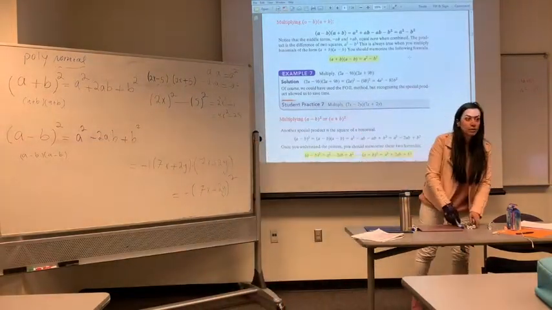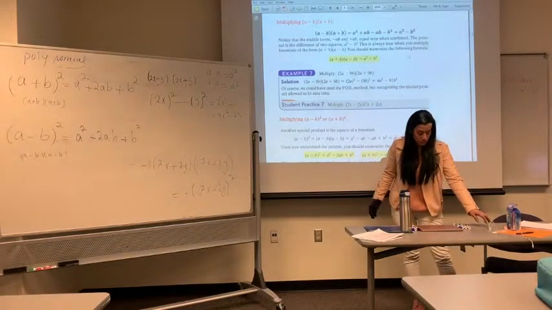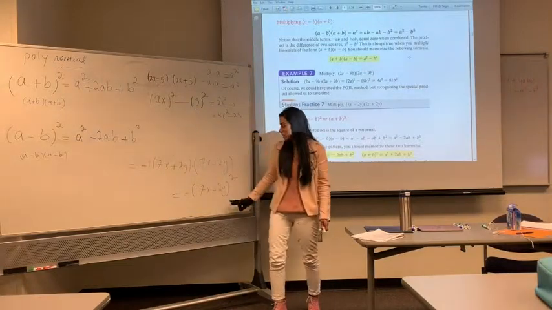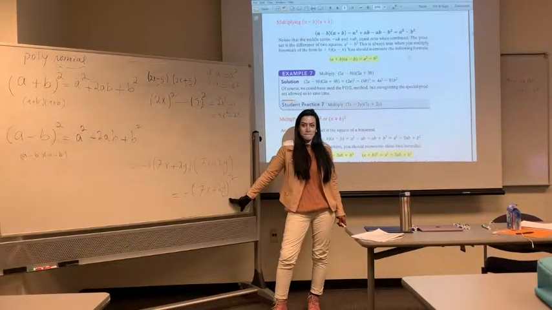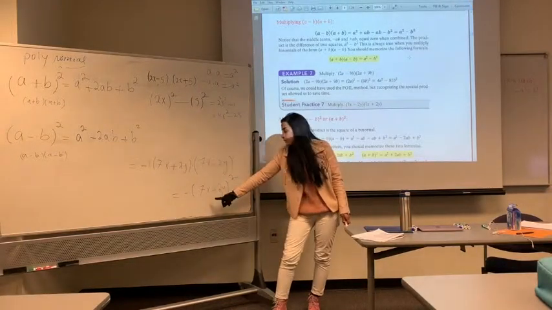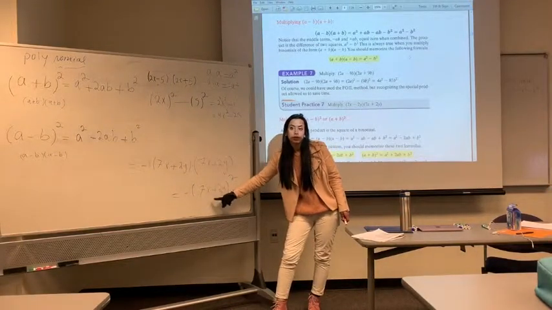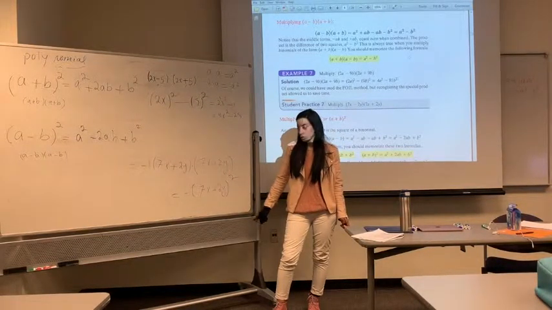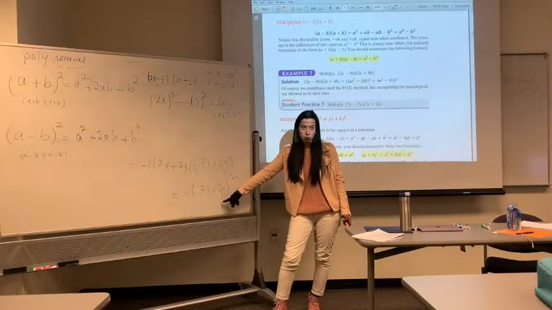So do you see that? So which one of these formulas am I going to use here? You're going to use the second one? The top one? Because the sign between these two terms is positive, right? Okay, so do you see this or not?